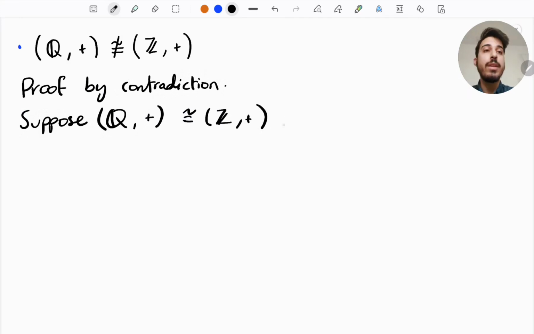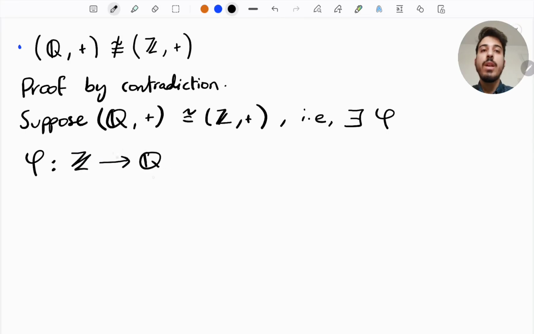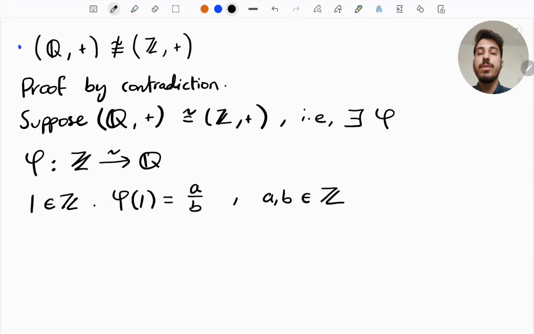If they're isomorphic, then there exists some phi, an isomorphism that goes from Z to Q. And this is the symbol for isomorphism. So phi is an isomorphism, and we will be using this fact to reach our contradiction. Let us consider the element 1 in Z. So phi of 1 is equal to some rational number in Q, some a over b, where a and b are integers.